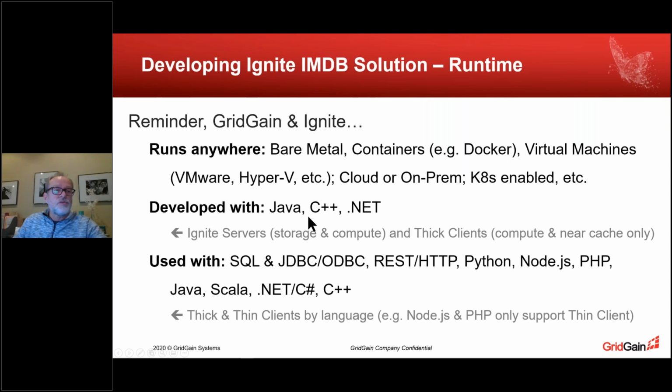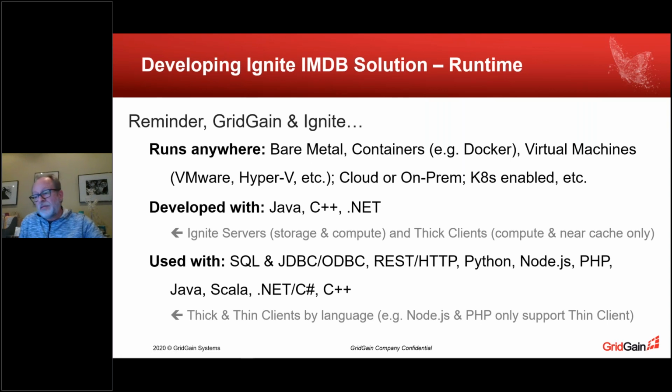You can also use Kotlin or Scala, because those are essentially Java compatible as well if you're interested. We don't have a lot of documentation on those. But in any of these languages, you can build thick and thin clients depending on the language. Some languages like Node.js and PHP only support thin clients.